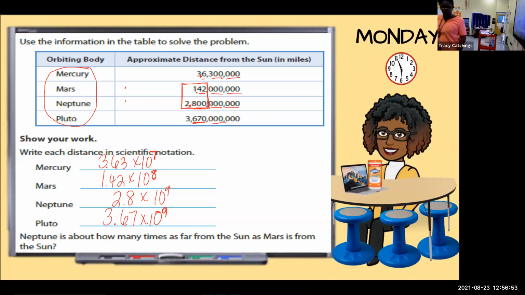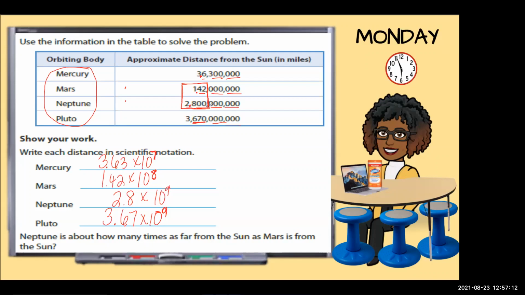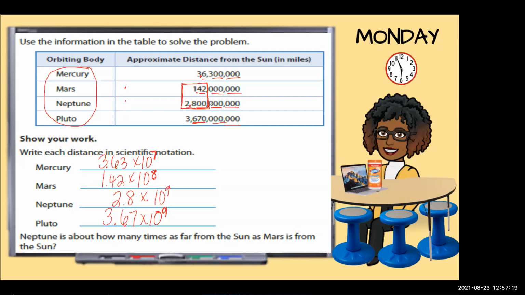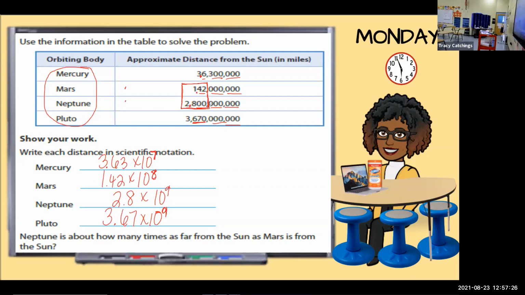About how many times would that be? All right, let me ask you this. How many extra zeros are added? One more than the other. There's one more than the other one, so we know that's at least 10 times, right? Yes. So that's at least 10 times, and then we count that.